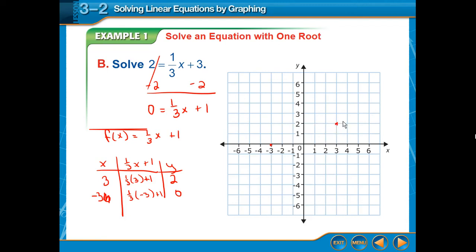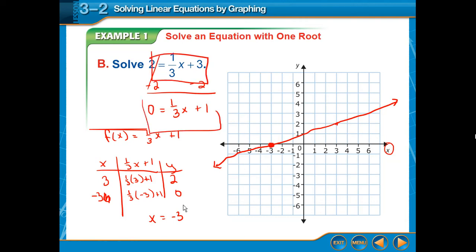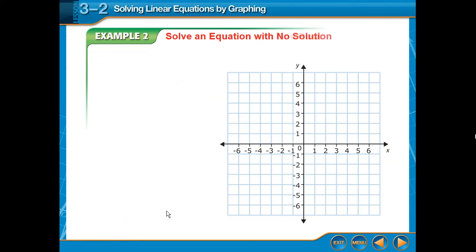So this goes like that. And that goes like that. And the solution to this equation is where it touches the x-axis. So this is the x-axis. So where the graph touches it, it touches at negative 3. So that means x is negative 3. So that's how you can solve this equation using graphing. Get 0 on one side, graph it, and where it touches the x-axis is your solution.